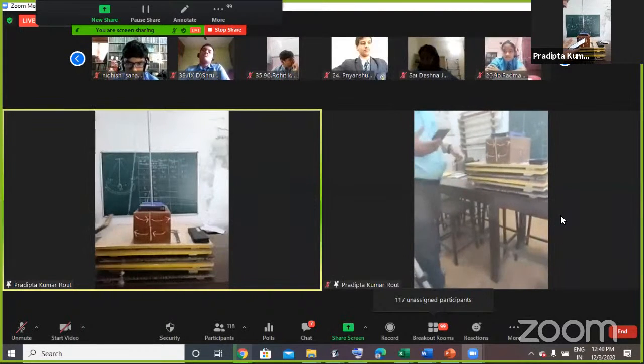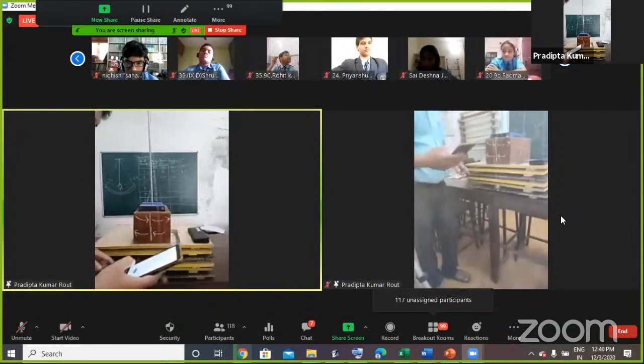So let it oscillate 2-3 times, then we will start. Children, I am going to start. When it comes to left side, I will start.